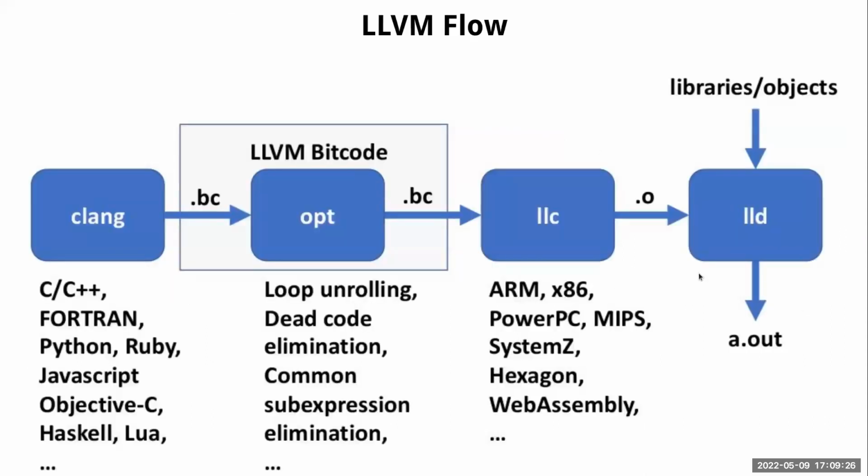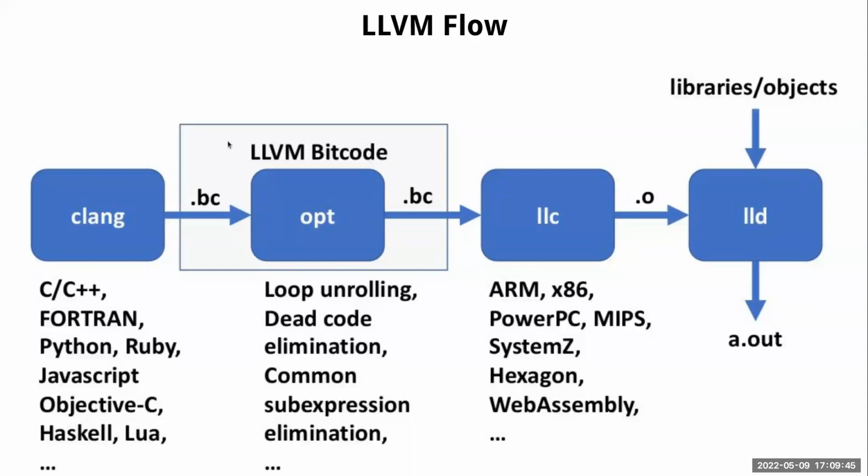So the main contributions of LLVM include many things. One of the most important ones is the LLVM IR, intermediate representation, its own language, which we can also call LLVM bitcode.